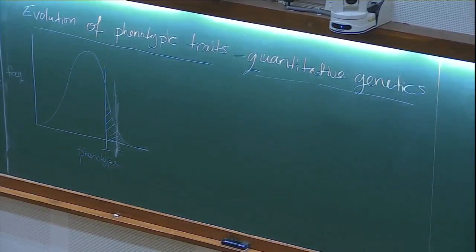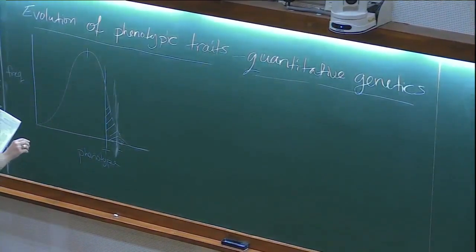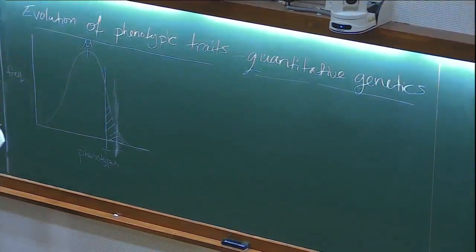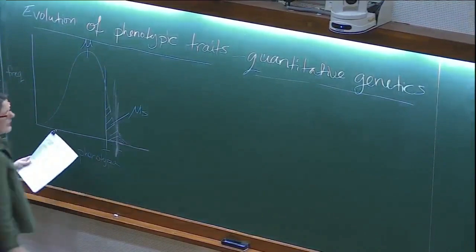So let's describe what's happening with phenotype. I've changed notation several times, so I'll try to be consistent. In this case, we have some mean in our original population. We'll call that mu. And then if we just consider the organisms that we're allowing to reproduce, they have some mean mu sub s.